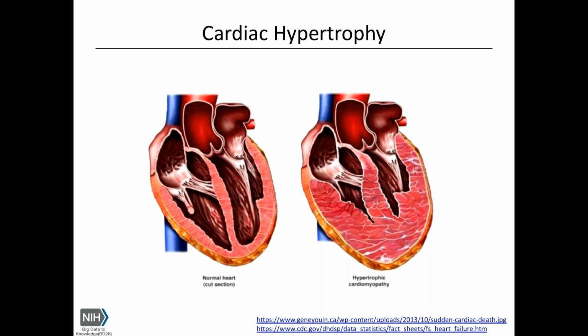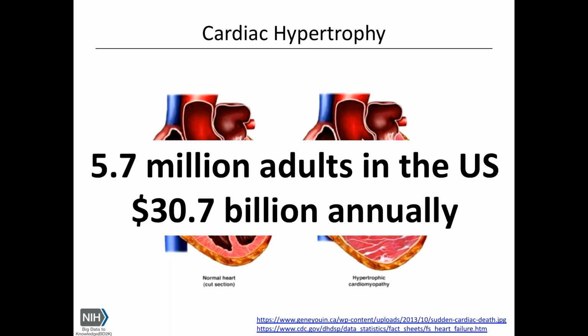It is recognized as a major risk factor associated with adverse outcomes in heart failure patients, which affects 5.7 million adults in the US and costs the nation $30.7 billion annually, thus spurring research efforts to understand its underlying molecular mechanisms for developing targeted therapeutic strategies.